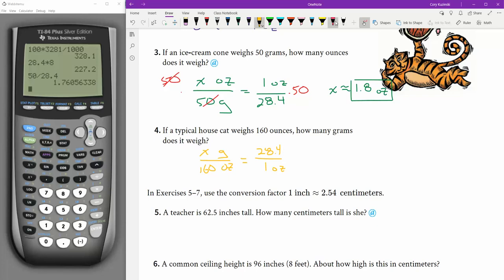And then I'll multiply both sides by 160. Cancel these out. And it just ends up being 160 times 28.4. So that's 4,544 grams.